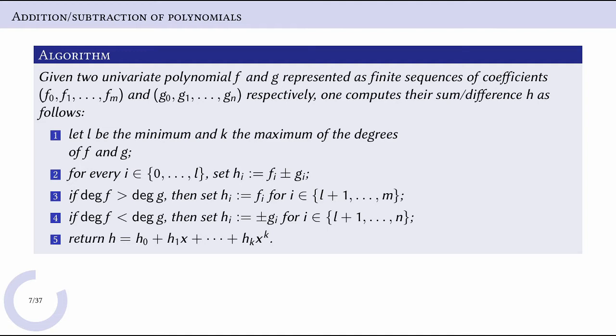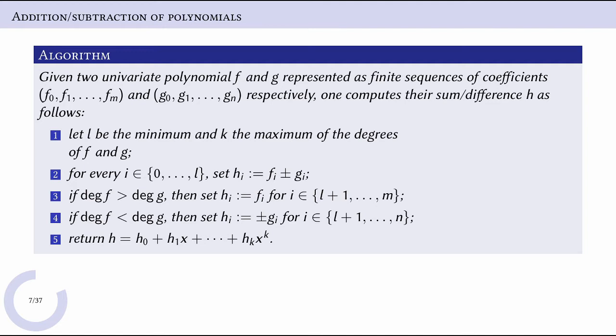So the algorithm works like this. As an input we are given two polynomials f and g. Both are represented as sequences of coefficients, and as an output is their sum or respectively difference h.